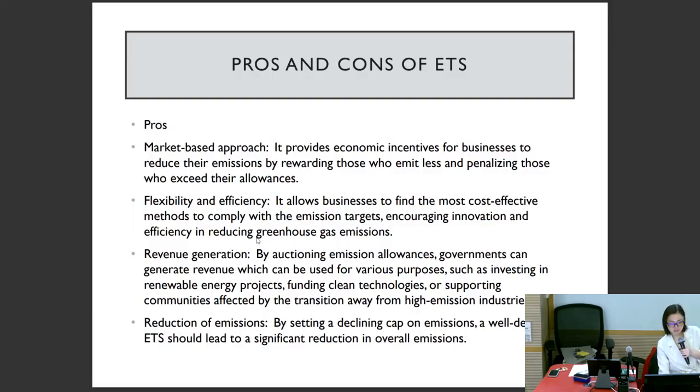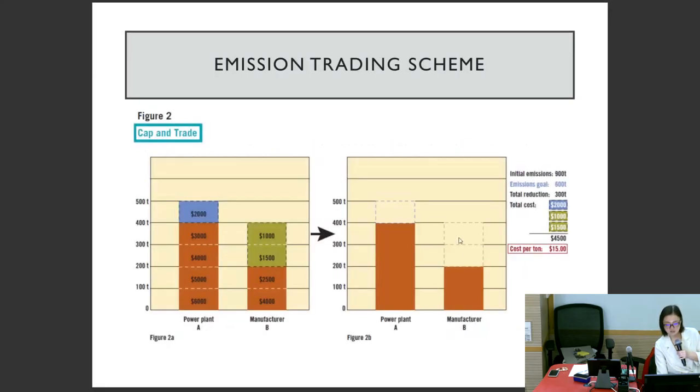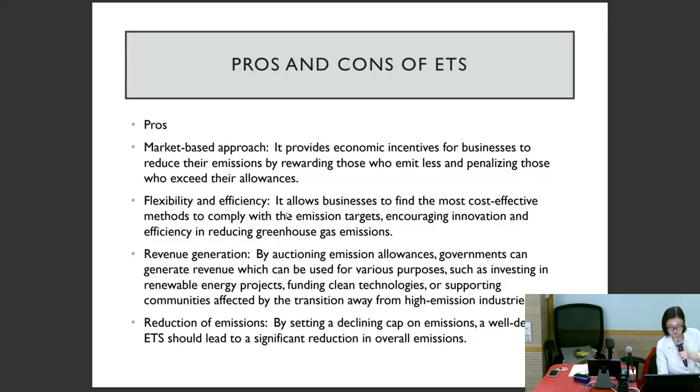Flexibility and efficiency. It allows business to find the most cost-effective method to comply with the emissions target. Like here, these are the cheaper emissions reduction technologies, so they will be employed first.